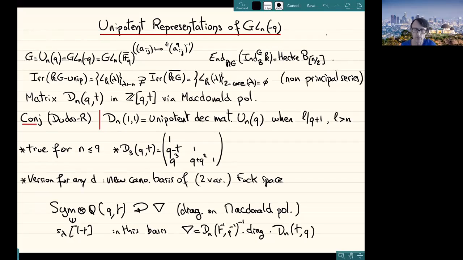You can write it uniquely as a product of a triangular matrix, a diagonal matrix, and a triangular matrix formed by putting some conditions on the coefficients of that triangular matrix Dn QT or Dn TQ. Okay, so that's how we define these matrices. So they have to do really with dividing by 2, somehow cutting in 2 pieces the nabla operator.